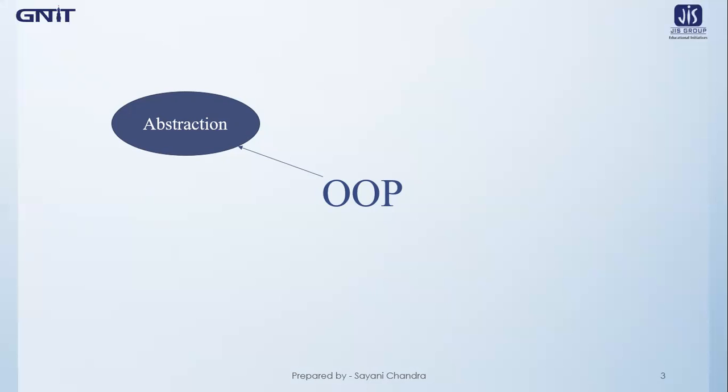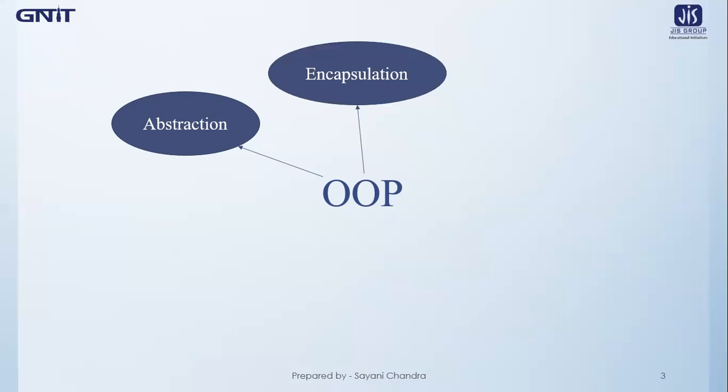Let's go to the next property or characteristic of object-oriented programming, which is encapsulation. Encapsulation is also discussed while discussing the major elements of object model. Encapsulation is binding or wrapping up data and code or methods together in order to prevent unauthorized access and wastage of data.